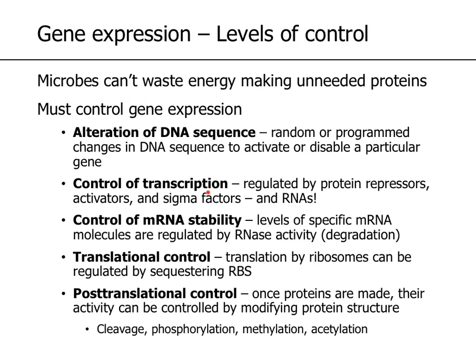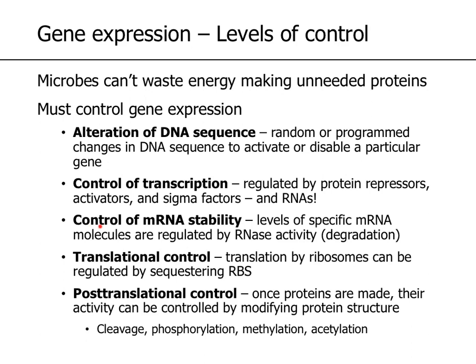So they can control transcription, and so these are often regulated by either repressors or activators, and then also at the sigma factor level itself, because remember, the sigma factors are recognizing the specific promoter sequences. And then I also wanted to emphasize, just because I spent a lot of time studying this, that RNAs play a huge role in some of these transcriptional control mechanisms too.